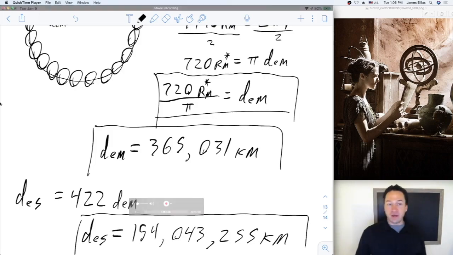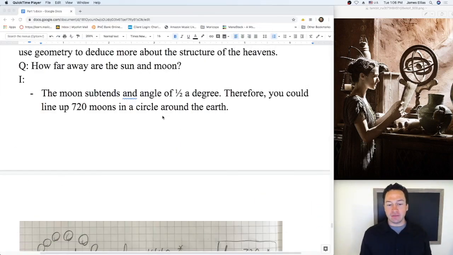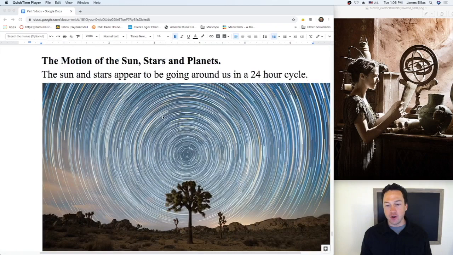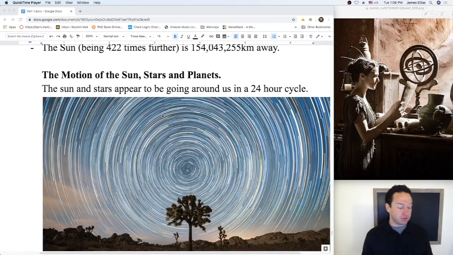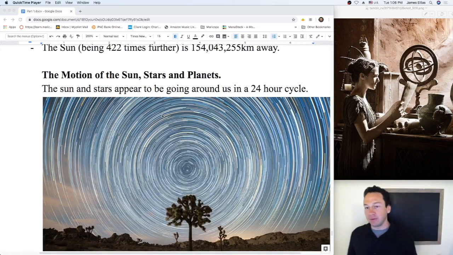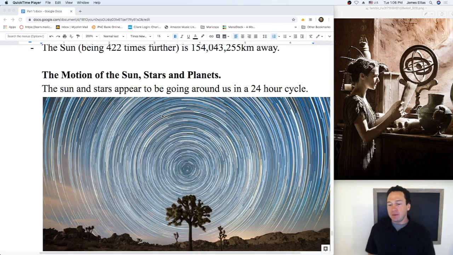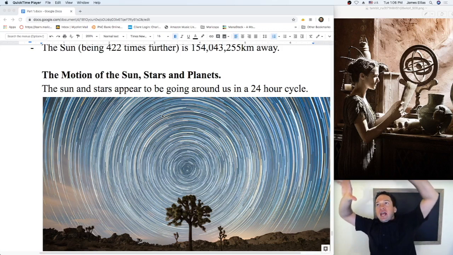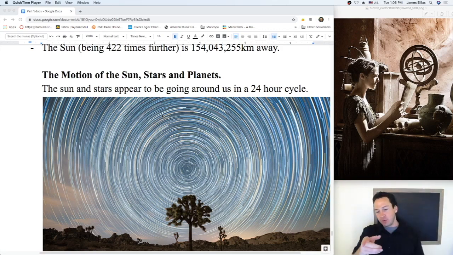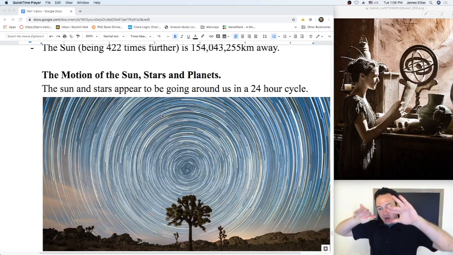But before we finish, I'm going to tell you about some things that Aristarchus knew at the time. I'm going to tell you about some of the general things people knew in astronomy. People would notice over the course of the night that the stars would rotate in a 24-hour cycle. They wouldn't look like this, like you're getting sucked into oblivion or something. What this is supposed to represent is the motion of the stars over time.